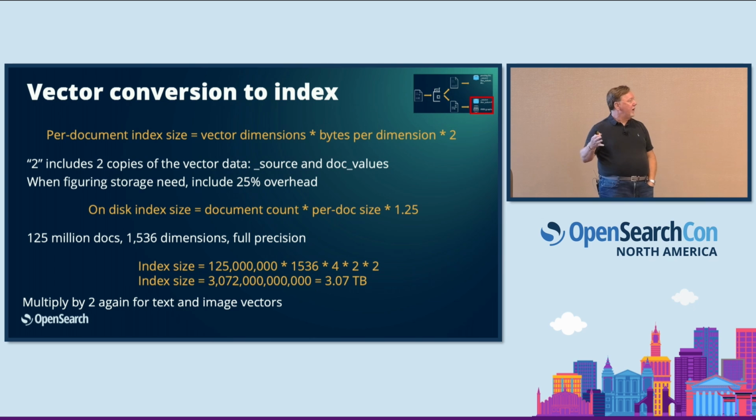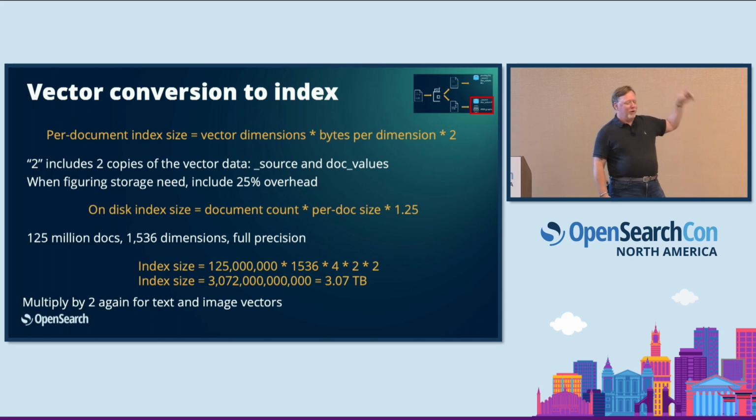For 125 million docs with 1536 dimensions with full precision vectors, and for exact search, we're ending up with something like 3 terabytes. So you can see how vectors actually drive a lot of cost in terms of the amount of storage that they consume, just the raw storage.